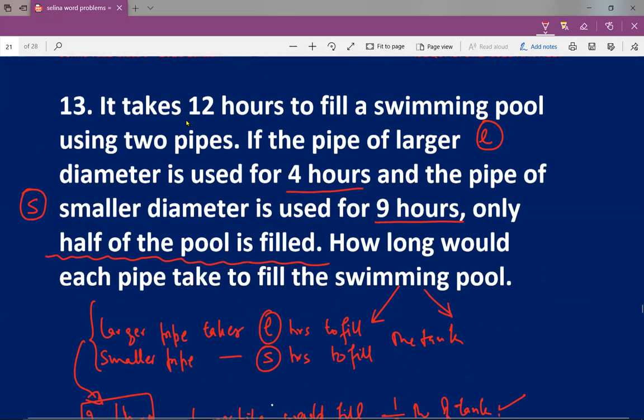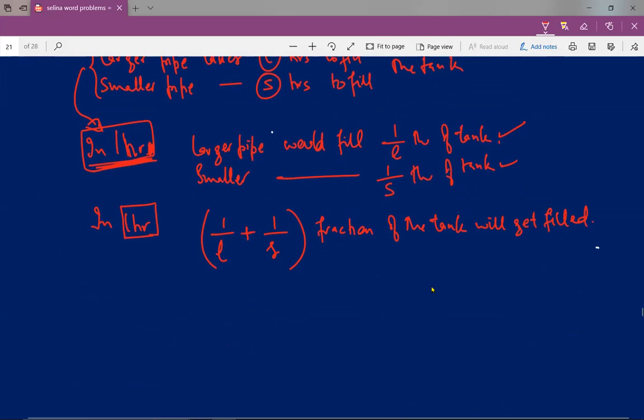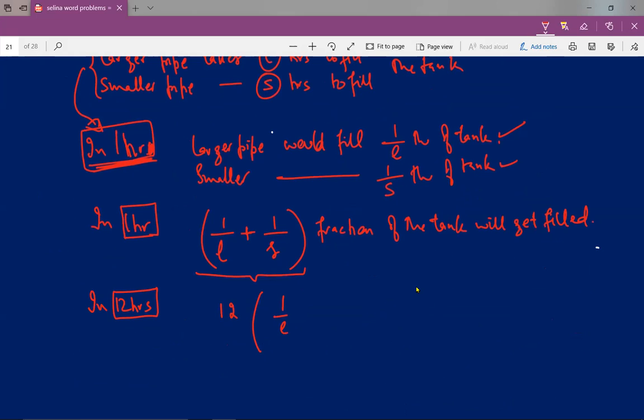So it takes 12 hours to fill a swimming pool using 2 pipes. So in 12 hours, whole of the tank gets filled. In 1 hour, this is the fraction that got filled. So in 12 hours, 12 into (1/L plus 1/S) fraction will get filled.